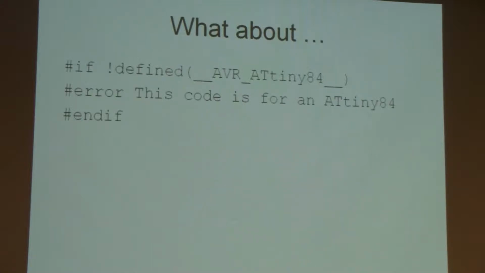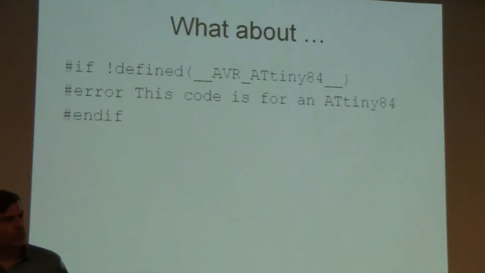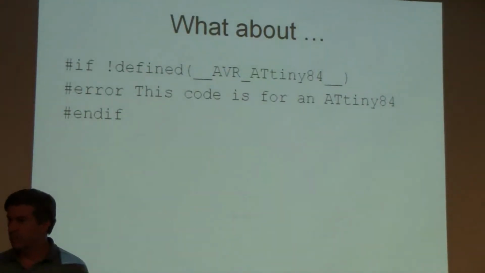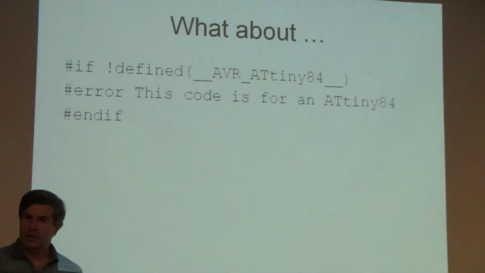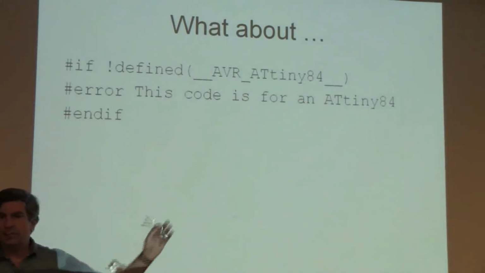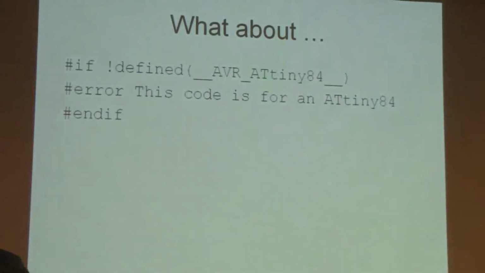One that I use quite often is in my code. If I have code that I'm compiling for a particular board, an ATtiny84 for example, it has a different set of pins than an Arduino Uno would have. And so if I'm writing ATtiny code, I put something like this at the beginning of my source code.